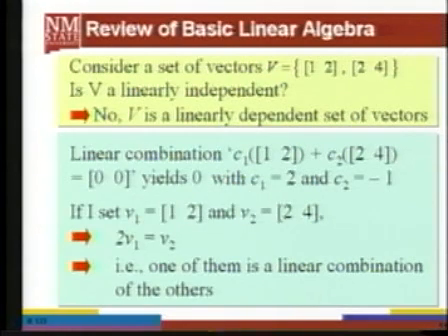And alternatively, if we set V1 is (1, 2) and V2 is (2, 4), then V2 can be expressed by V1, and vice versa. So we could say that V1 and V2 can be interpreted as being linearly dependent. Okay?